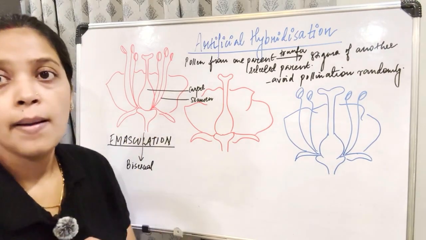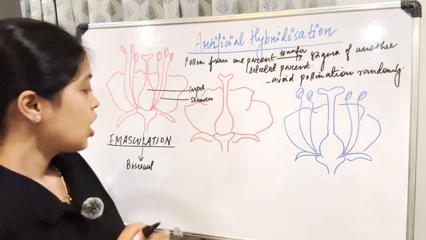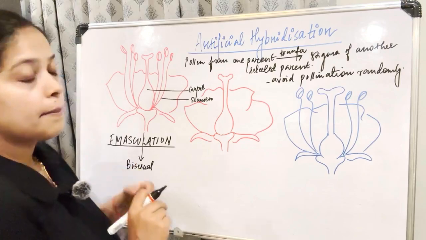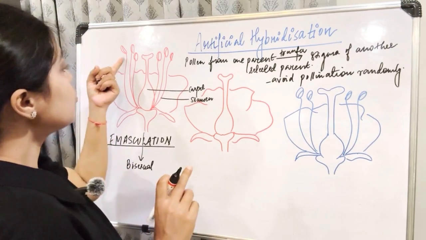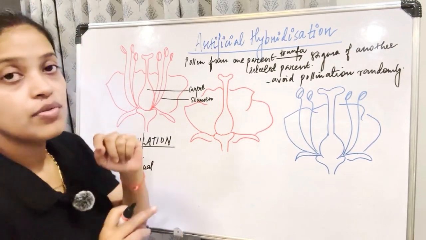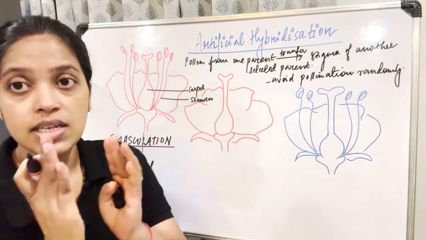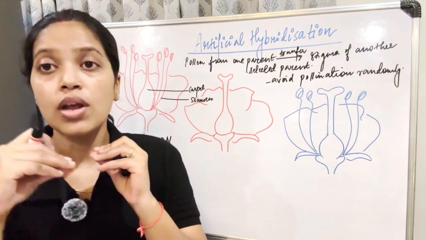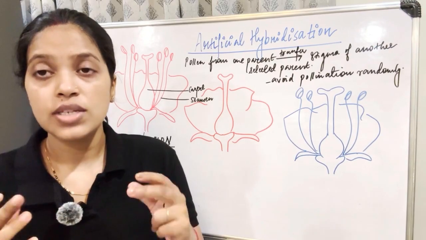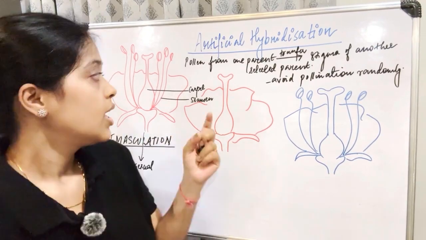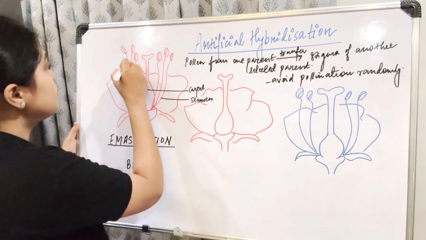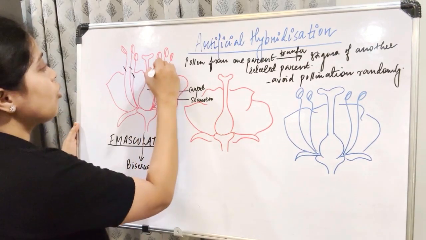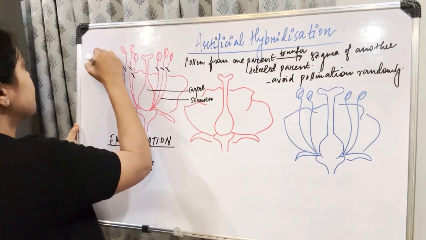So in a bisexual flower, manually we remove the stamen before the anther dehiscence, that is, before the anther splits and the pollen grains are released. Before the anther matures and the pollen grain is released, the stamen is removed with the help of forceps.